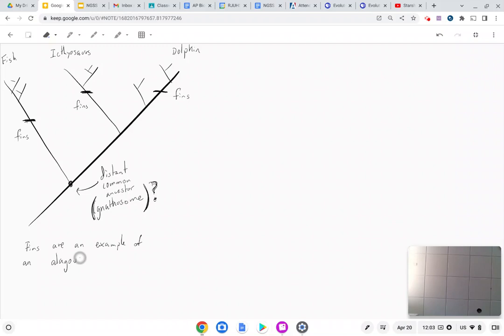So this is another vocab word that I want you guys to remember. An analogous trait is the opposite of a homologous trait. I'm going to show you homologous trait in just a second.